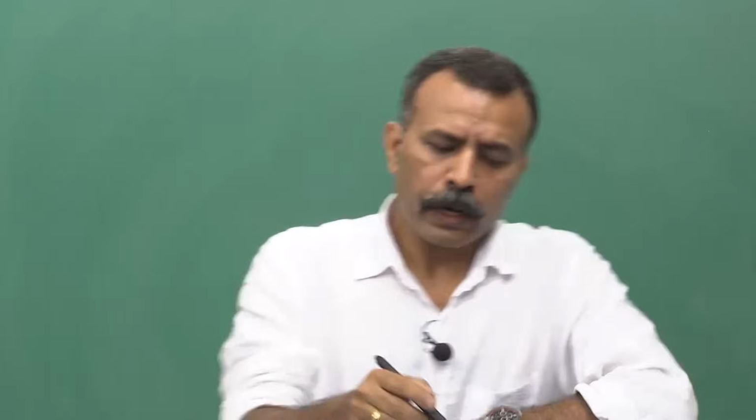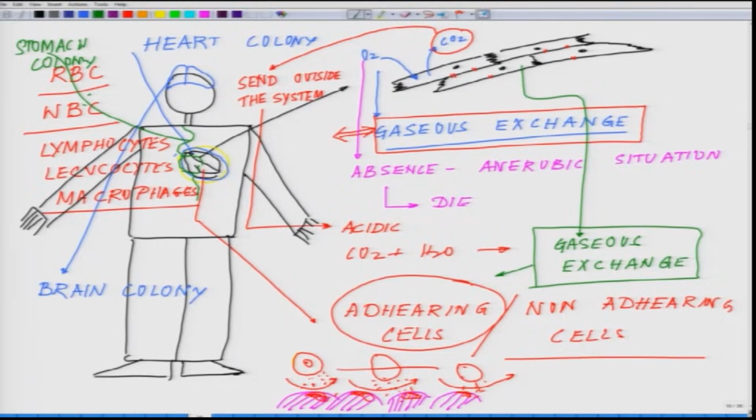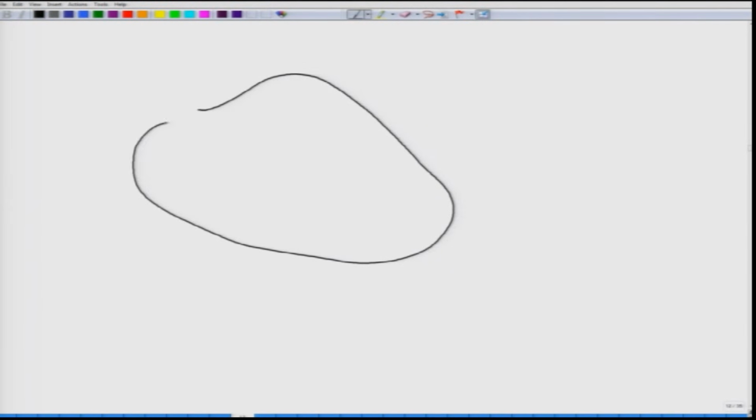How is it so? Say for example, if I break open the heart, the structure of the heart is something like this, where it has 4 chambers like this. Now, these are the 2 upper chambers, depending on which angle you are looking at it, from which side.